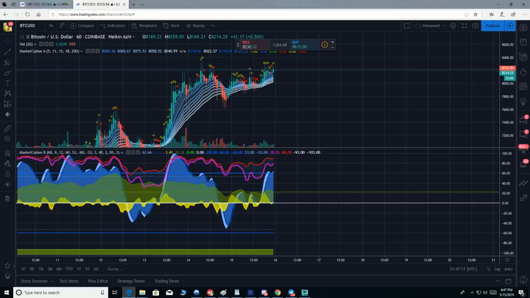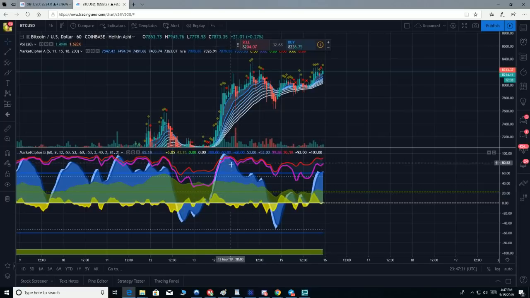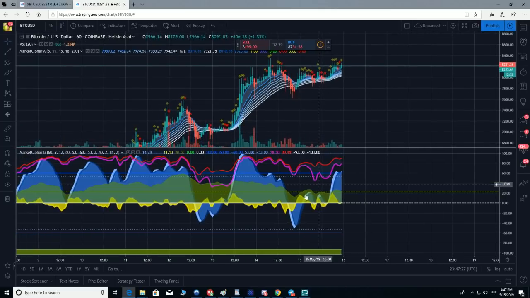All right. Now, the blue and white waves. This is a momentum algorithm calculation. Okay.